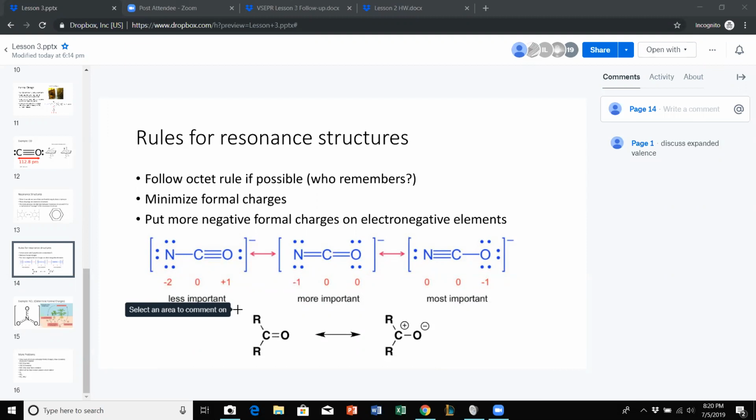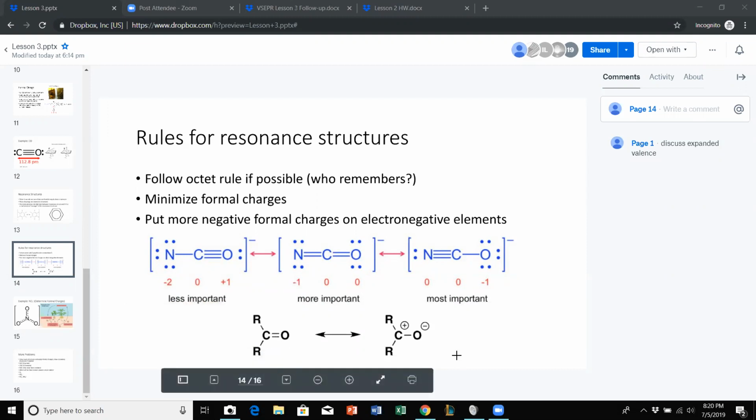Oh, and by the way, the lone pairs are not drawn, but I can draw them if we need. So can someone tell me which one is more important?